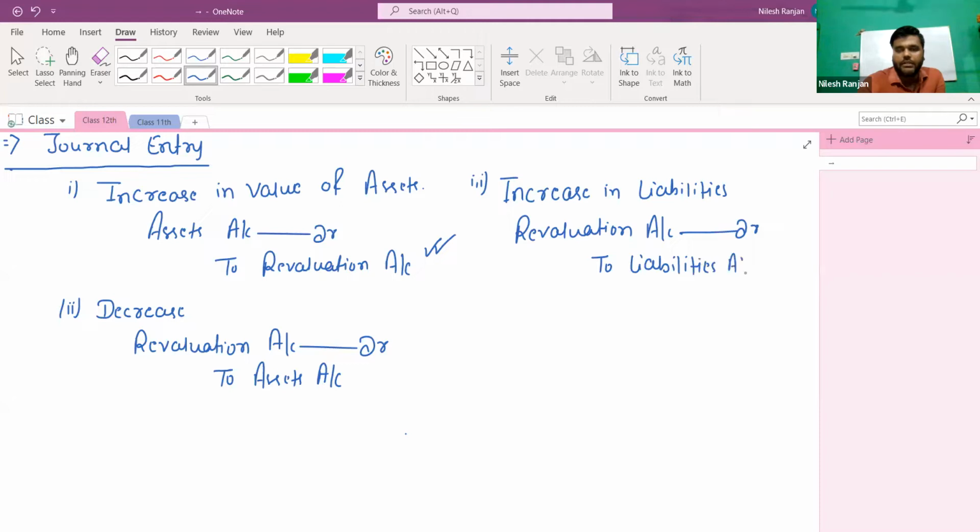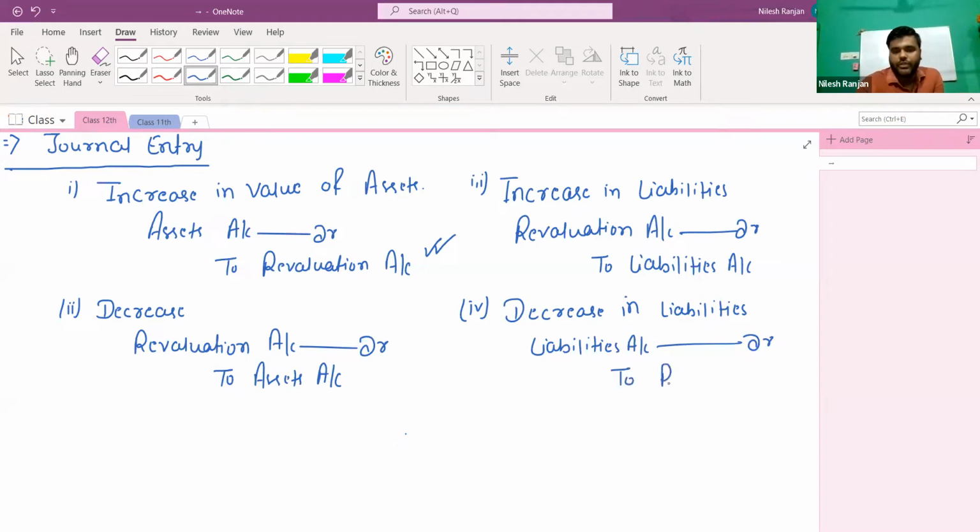And after this, decreasing liabilities. So the entry will be just opposite. Liabilities account debit to revaluation.